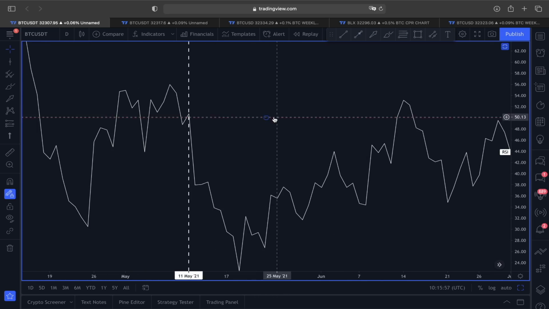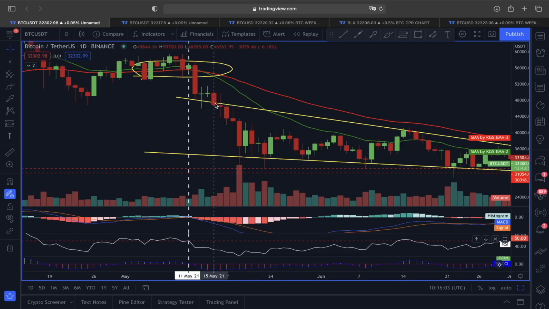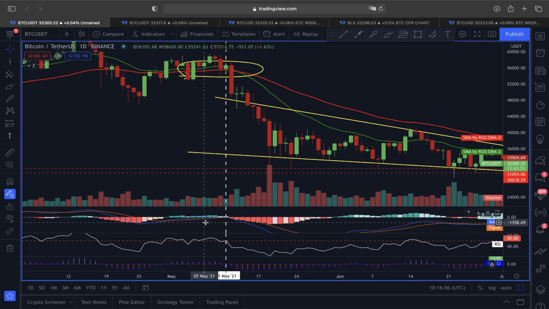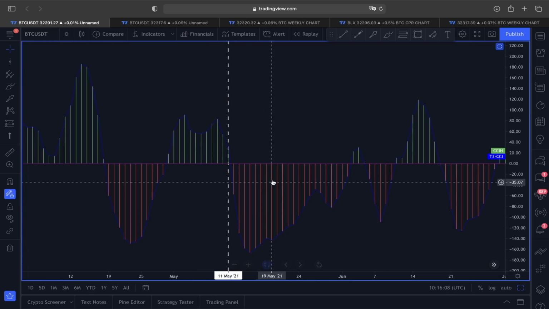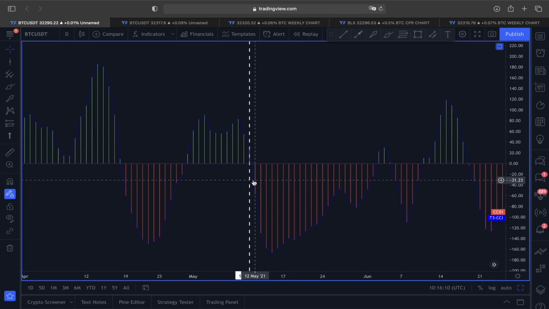This red line is exactly at this 50 level, and you can see whenever the RSI line starts appearing below the 50 level, that is another confirmation along with this MACD and also the T3CCI. You can see the T3CCI started heading towards the negative territory.